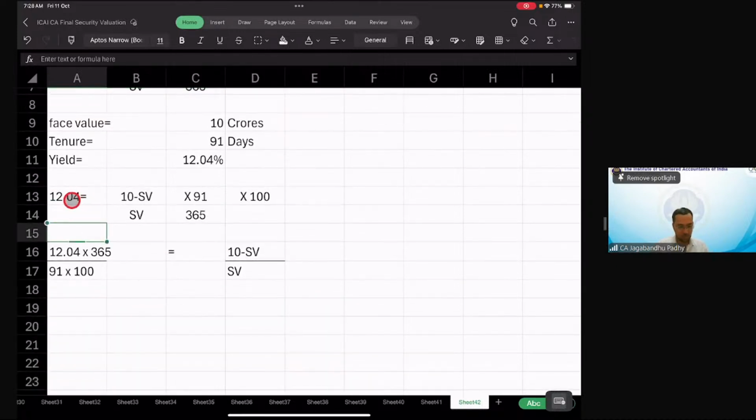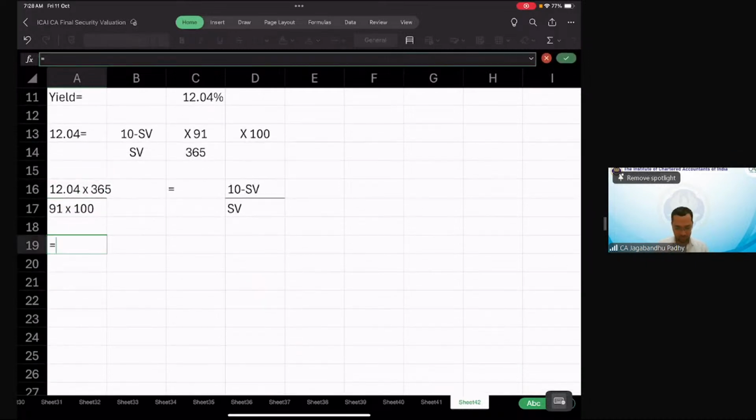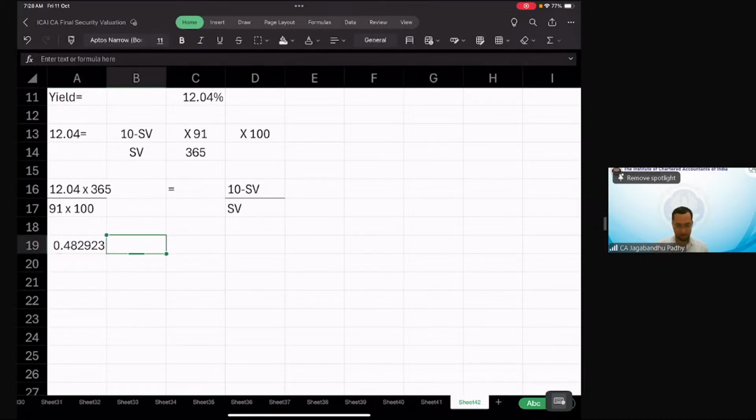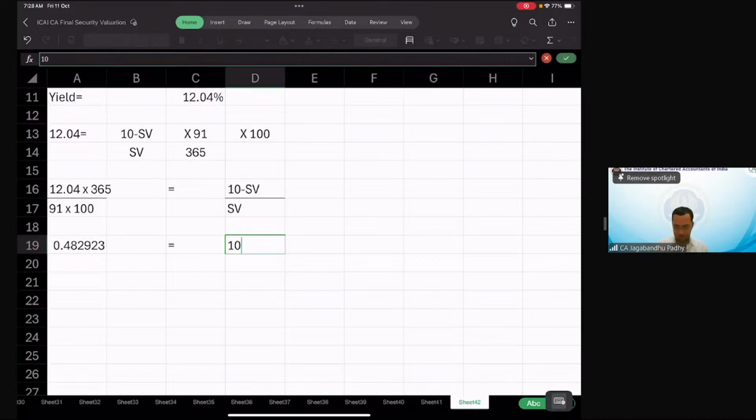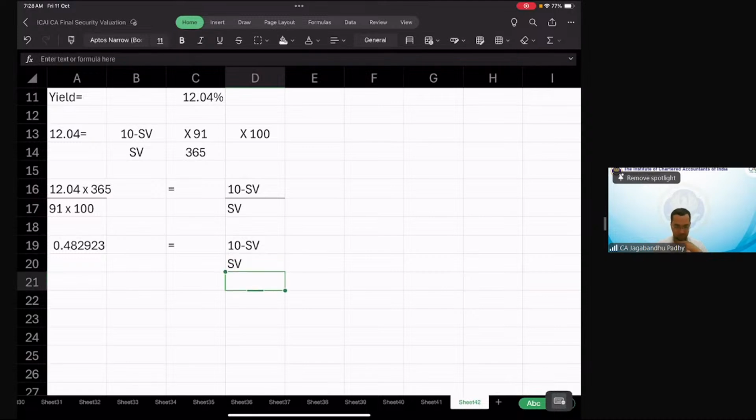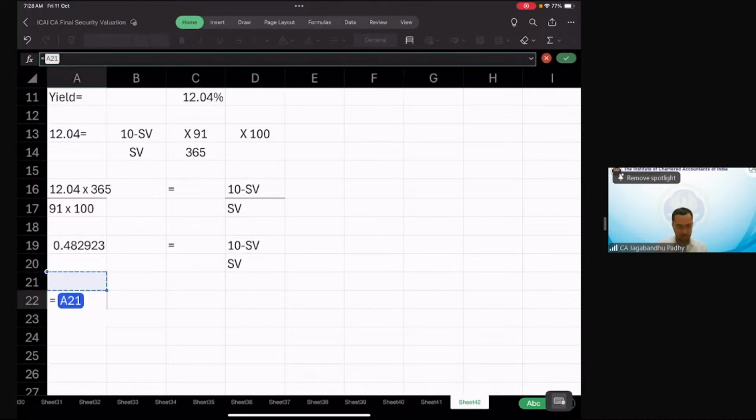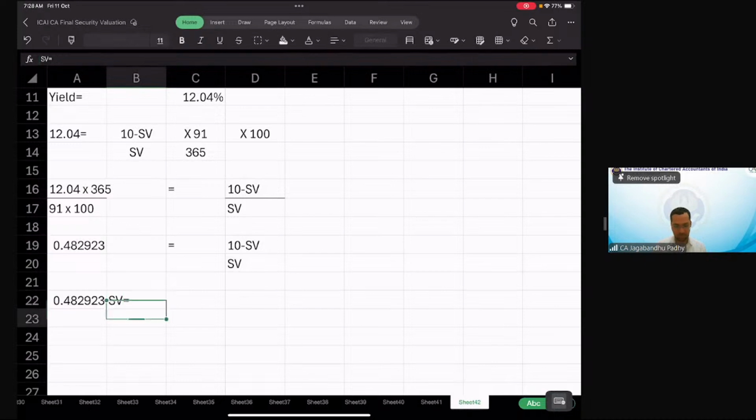So 12.04 multiplied by 365, and then we divide it by 91 into 100, and then we have 10 minus the sale value upon sale value. Then we can say that this is 0.4829 into sale value is equal to.